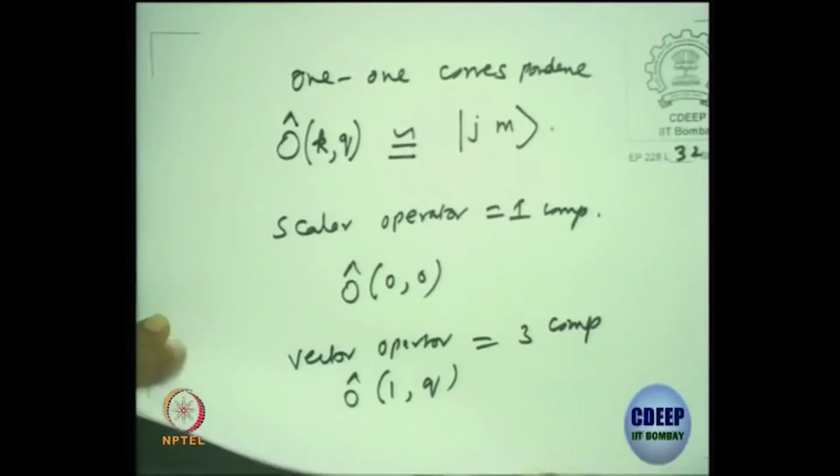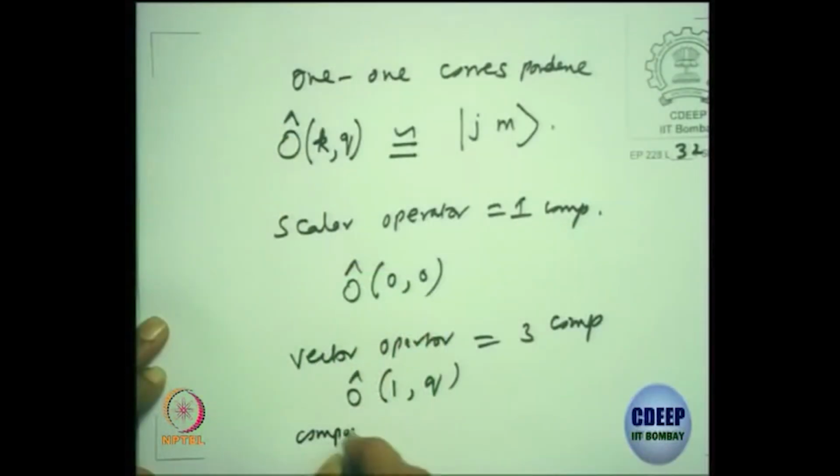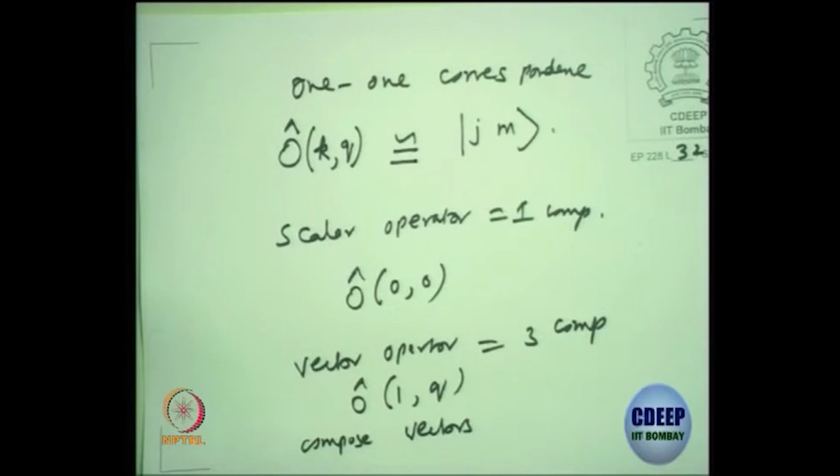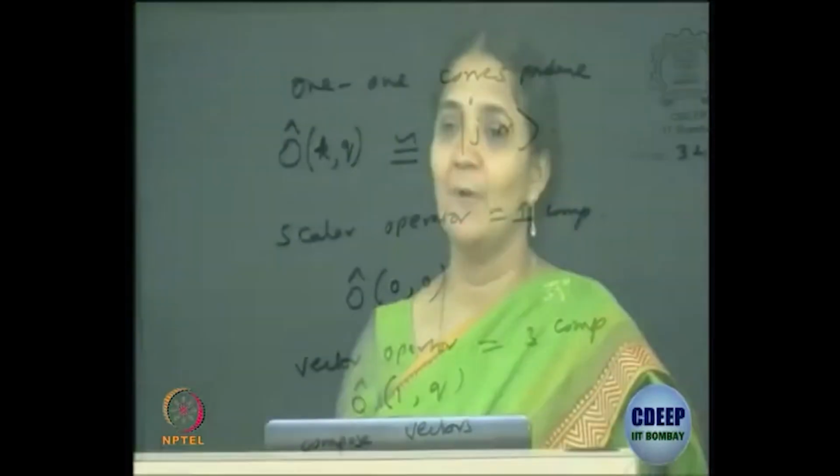And the next thing is, you can compose vectors to get higher rank tensors. Can compose 3 vectors to get a third rank tensor. Whatever I did today is Ai Bj, but you can take Ai Bj Ck and get a 3-indexed object.